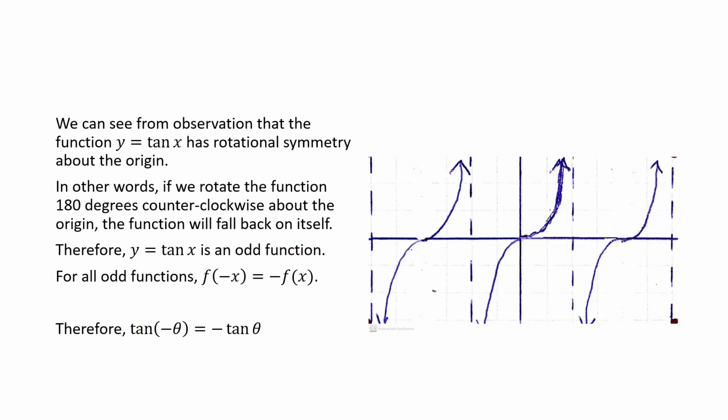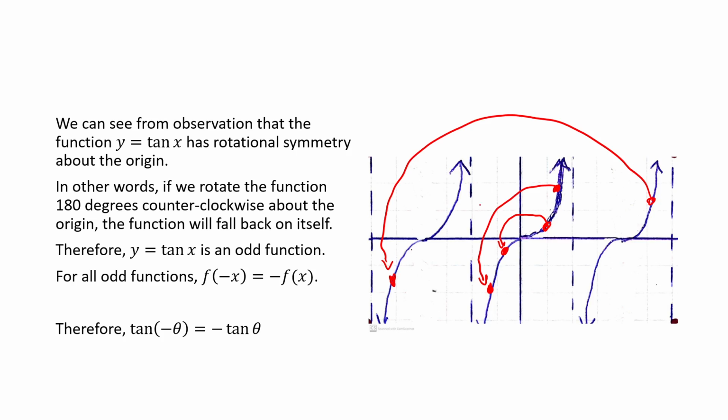Finally, this is what a curve of y equals tan theta looks like. Interesting looking curve. This curve is actually rotationally symmetric about the origin. If we were to take this point right here and rotate it 180 degrees, it would land here. If we were to take this point and rotate it 180 degrees, it would land here. Believe it or not, if we take this point right here and rotate it 180 degrees, it would land here.